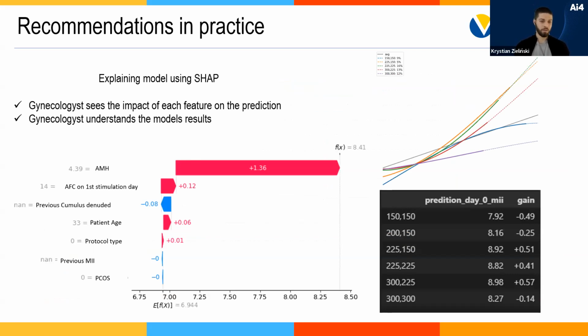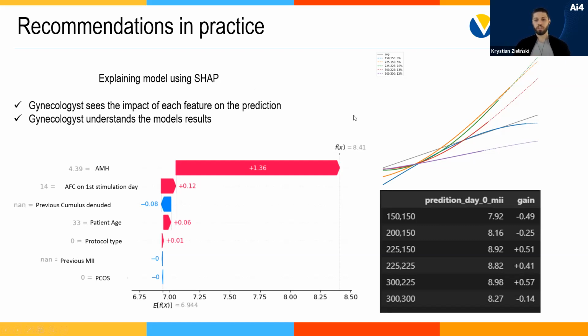So in this exact example, we could say that if the patient's age is 33, so it's quite low, and those patients would be quite young, this would indicate that the number of M2s for the patient will be higher than the average by 0.06 oocyte. So it gives an explainability layer for the doctors.